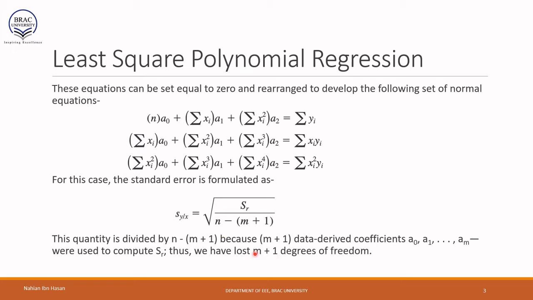What is denoted by m plus 1? m plus 1 is the number of data-derived coefficients, a0, a1, up to am, and these were used to compute the term S_r. So we have actually lost m plus 1 degrees of freedom. That's the main term here, m plus 1.